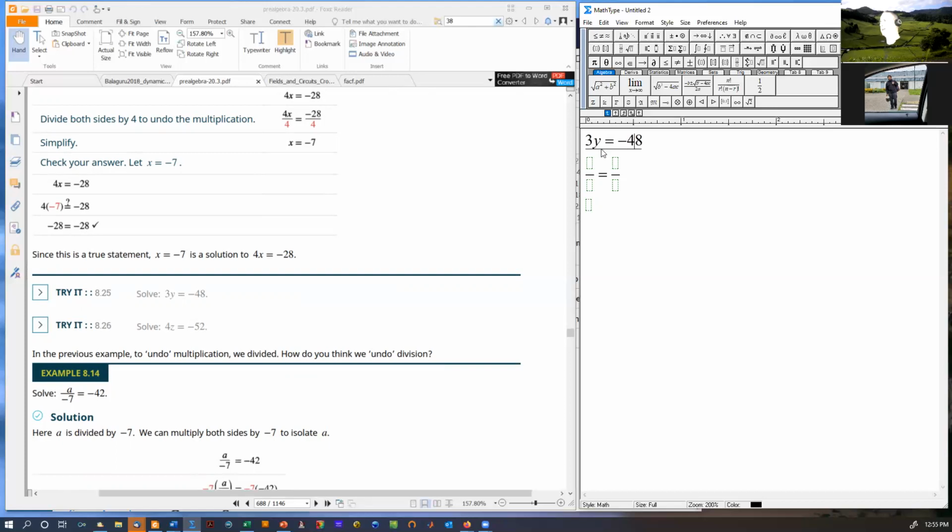So we got 3y is equal to negative 48. So we have 3y over 3, divided through by 3, negative 48 divided by 3. So y is equal to negative 16, right? Because 3 times 16 is 48. So y is equal to negative 16.